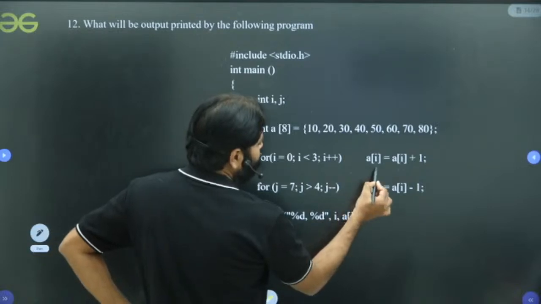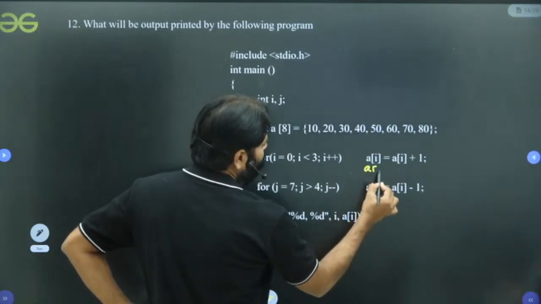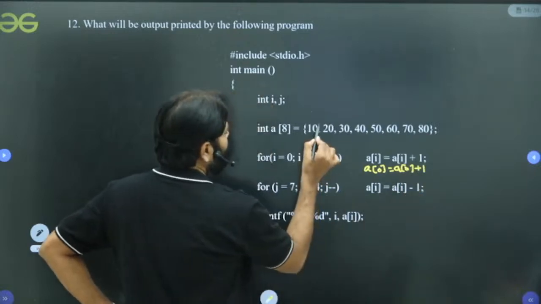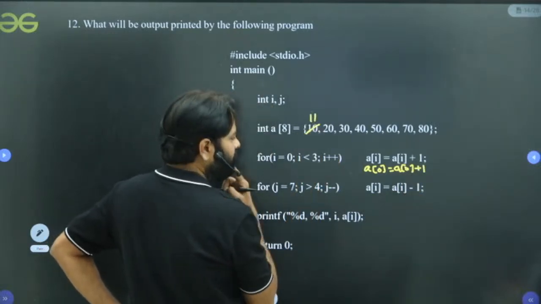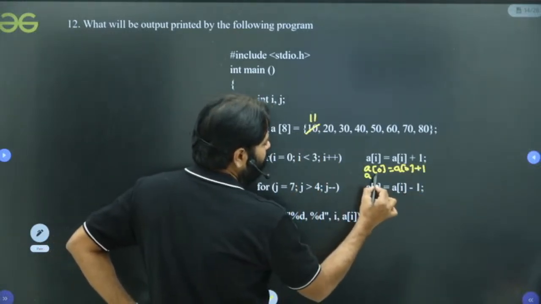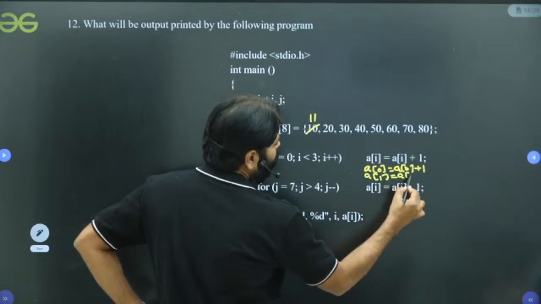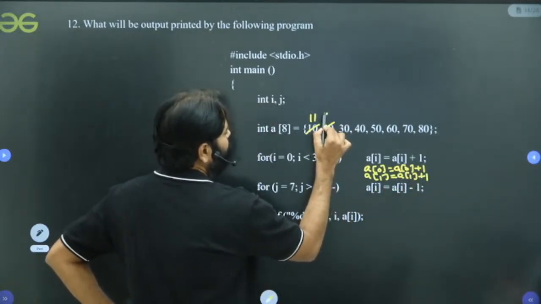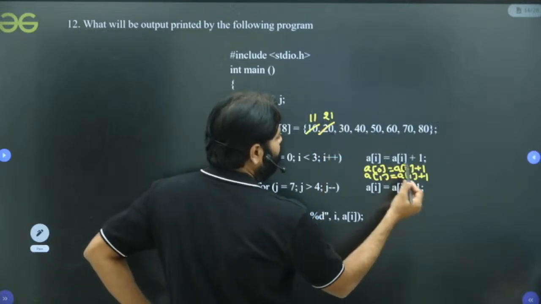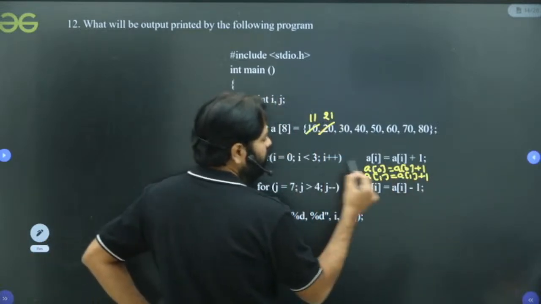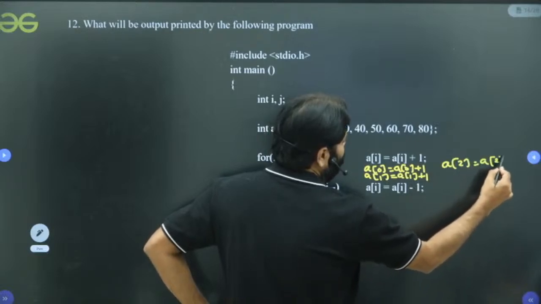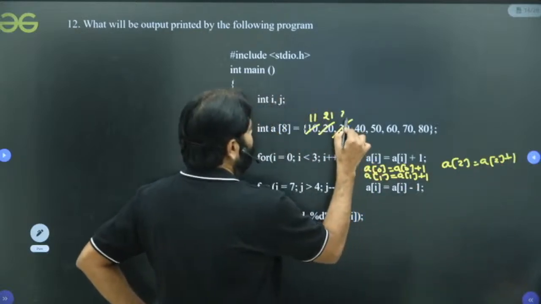This is a of 0, right? A of 0 is equal to a of 0 plus 1 the first time. The 0 becomes 11, correct? Next, when you do a of 1 is equal to a of 1 plus 1, then this becomes 21. And then a of 2 also happens because i does the same, right? A of 2 is equal to a of 2 plus 1, then 31.